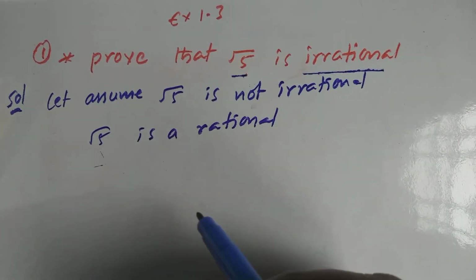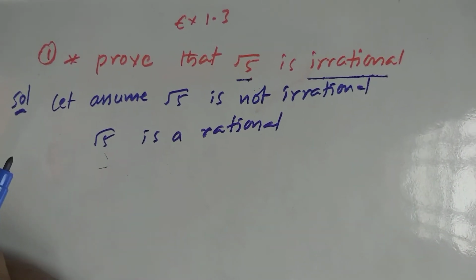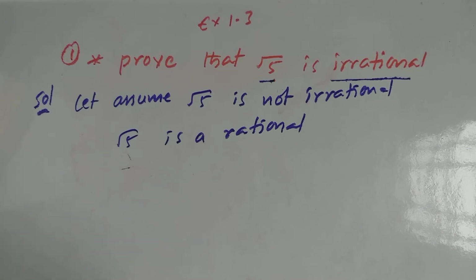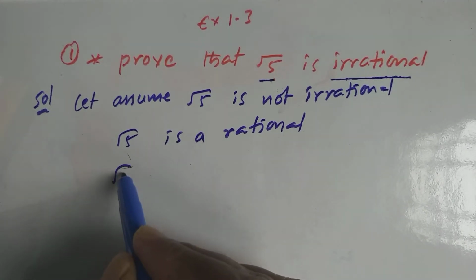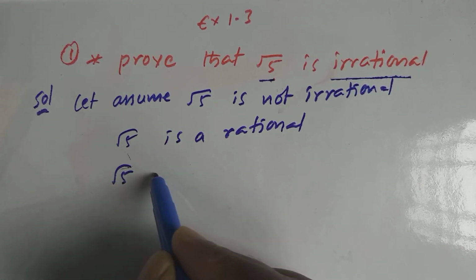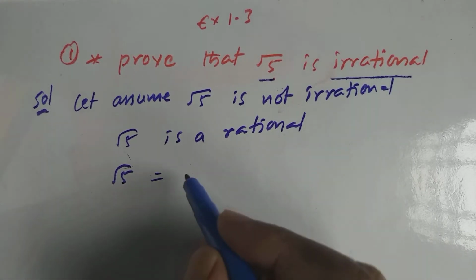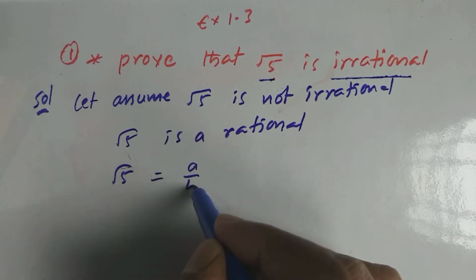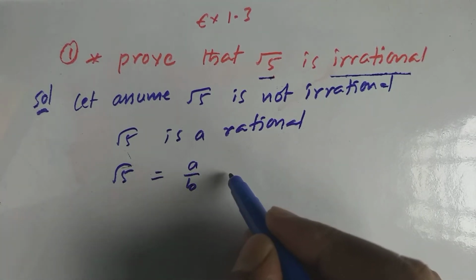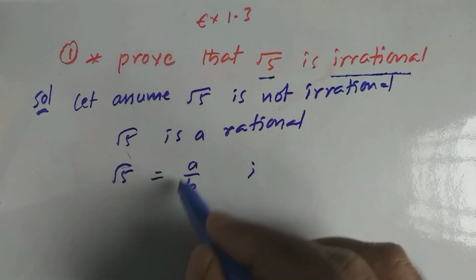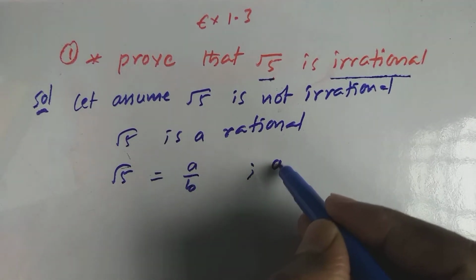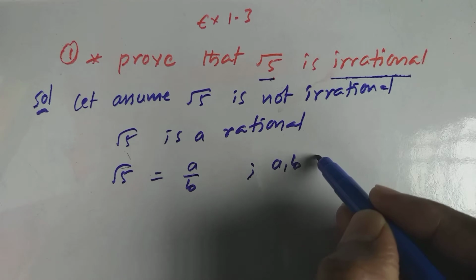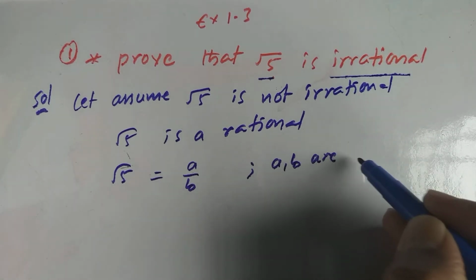We know the definition of a rational number: every rational number we can write in p by q form. So root 5 we can also write as p by q. I am taking a by b, numerator and denominator, where a, b are co-primes.